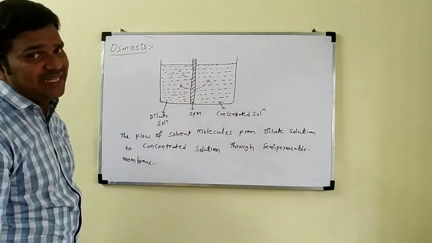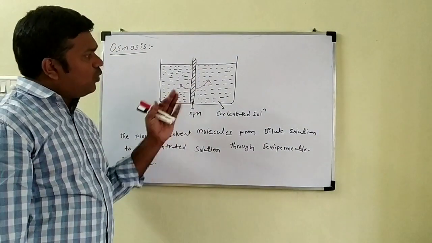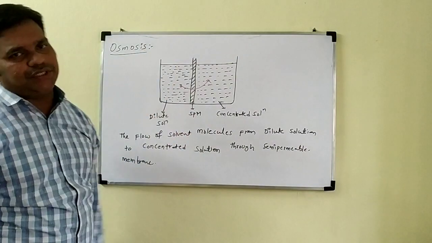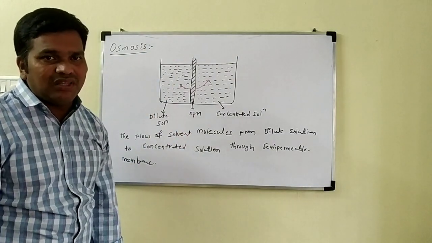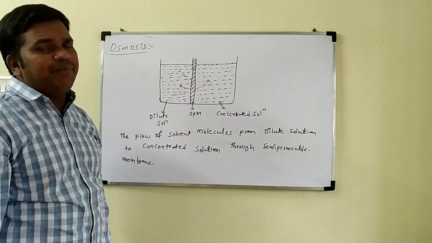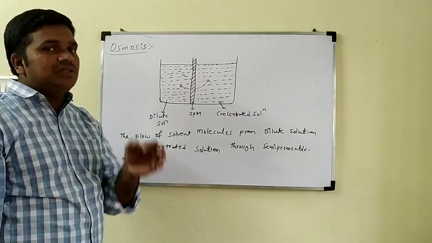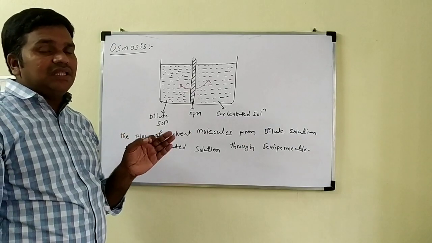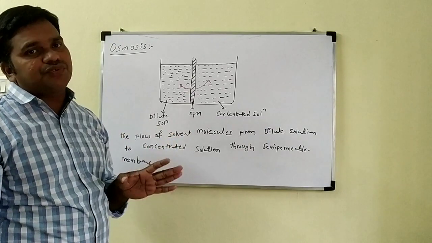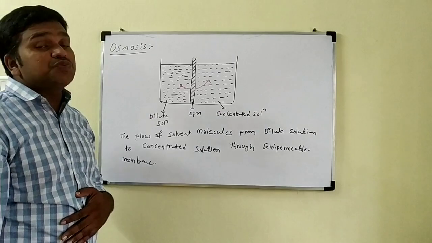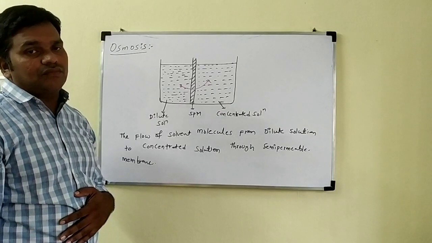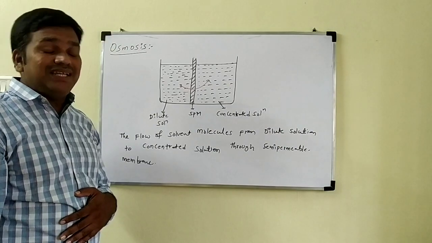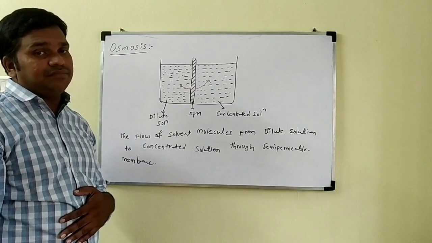Then if we apply some pressure on this solution, the flow of solvent molecules stops. The pressure at which osmosis stops is called osmotic pressure.